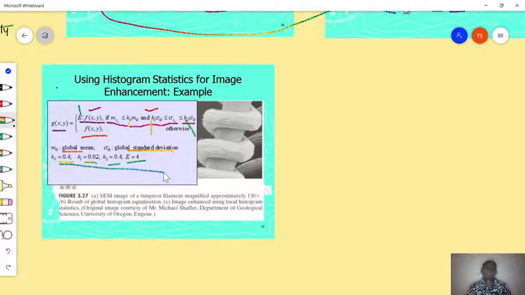By applying these values upon this condition, this is the sample SEM image of a filament, magnified approximately 130 by 130. In this way we can get local histogram processing.